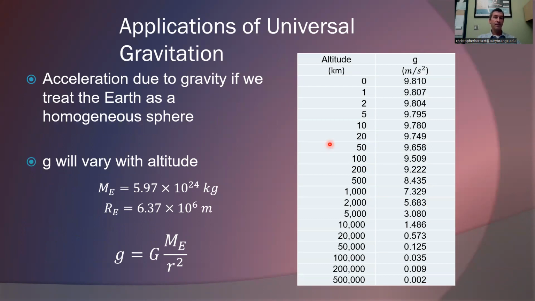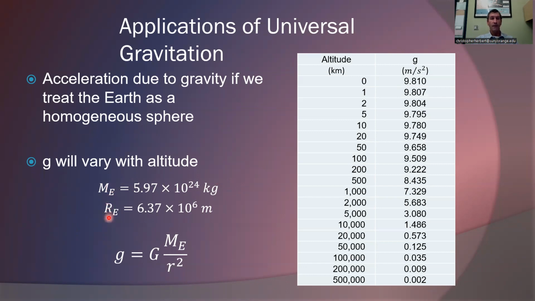Okay, let's use this equation and take a look at some different values that we have as a function of altitude. What we're going to do is say the mass of the Earth, of course, now that we have the value for G, we know that it's 5.97 times 10 to the 24 kilograms.